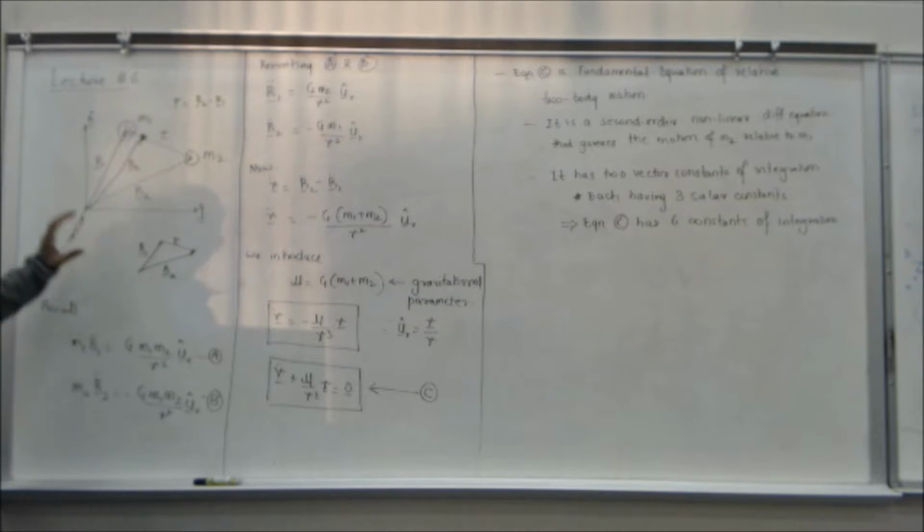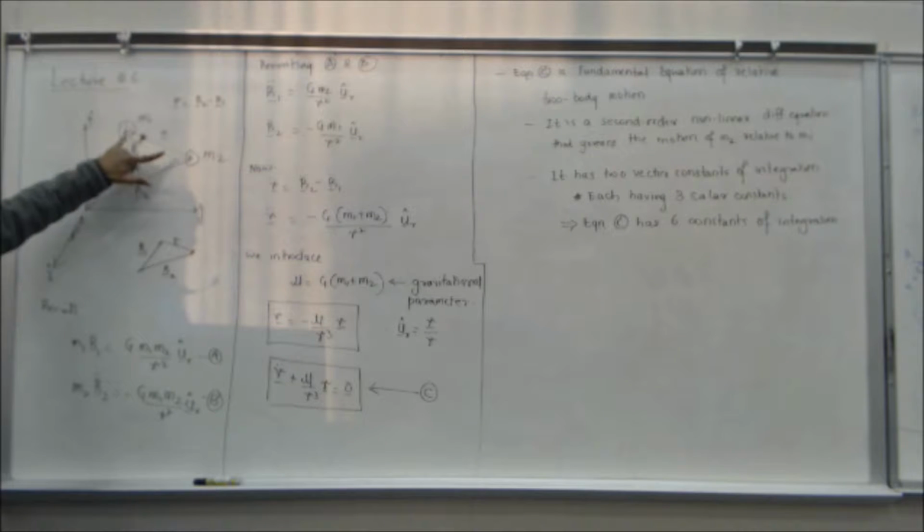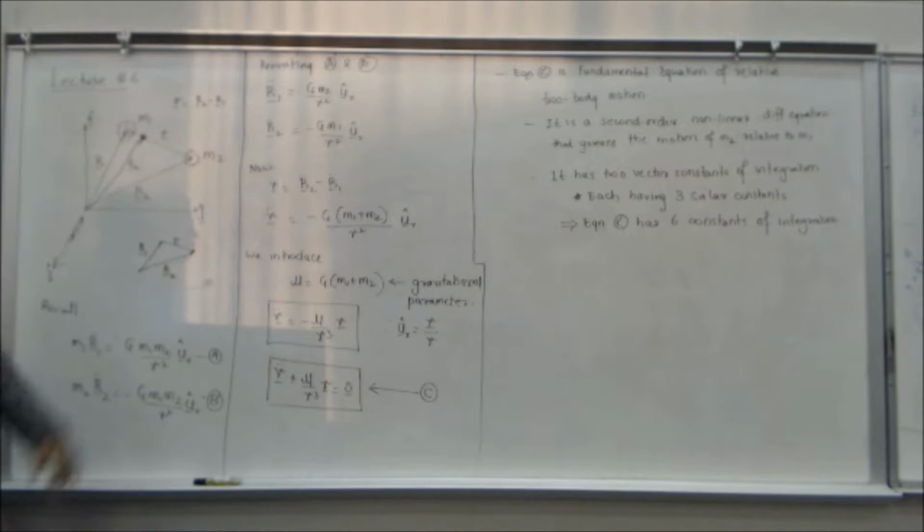Keep in mind, we developed this with an inertial frame, right? This inertial frame. But in the universe, we don't know this R1 or R2 because we don't know where this point is. We developed it using this point, but now we have defined everything with respect to M1 and M2.